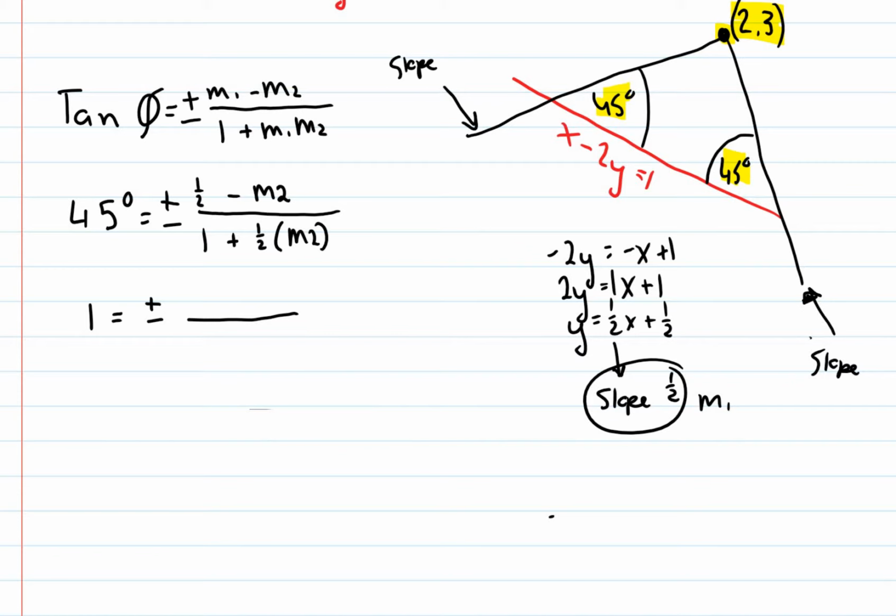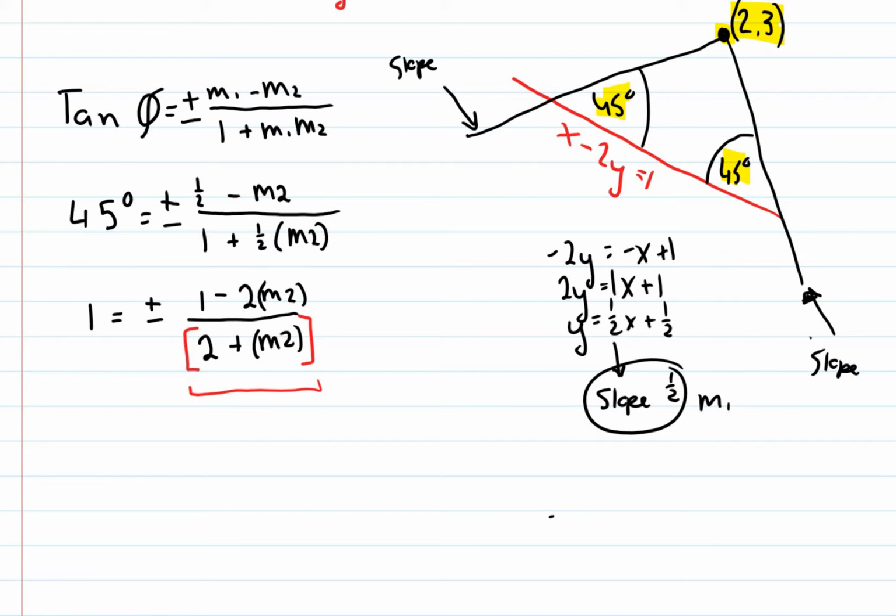So I multiply everything on the bottom by 2 and everything on the top by 2, and I get 1 equals plus minus 1 minus 2m2 over 2 plus m2. Now think of the denominator as just one entity really. If I multiply the right hand side by 2 plus m2, well then I will get rid of this.